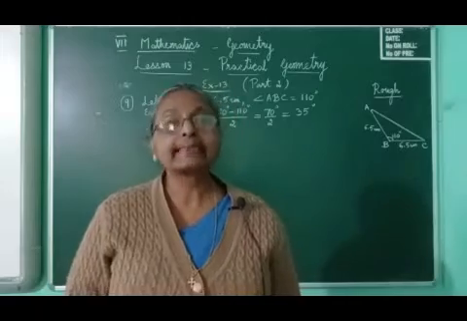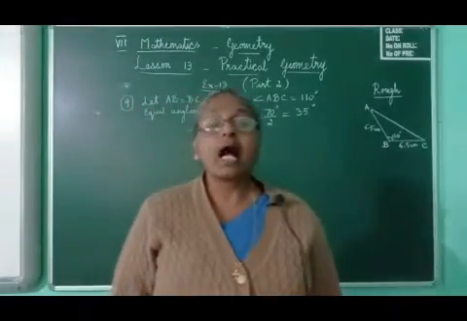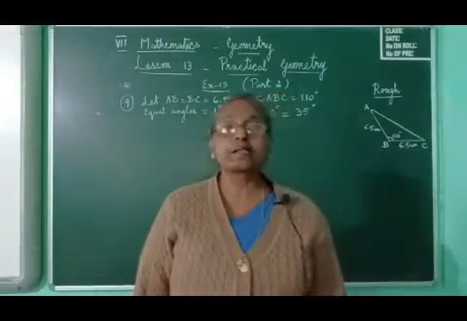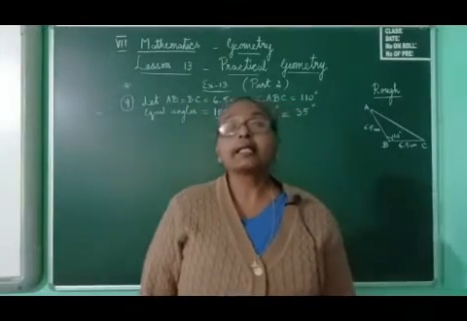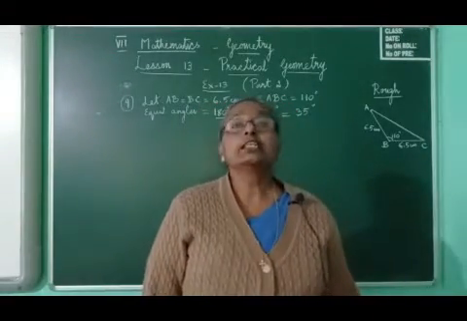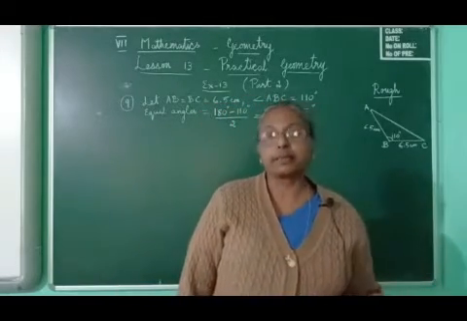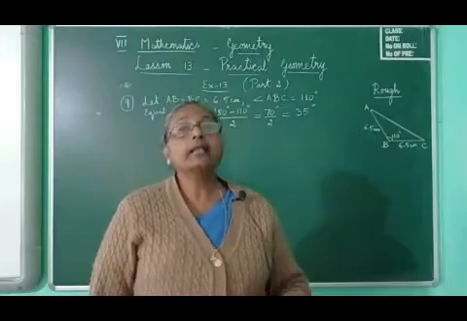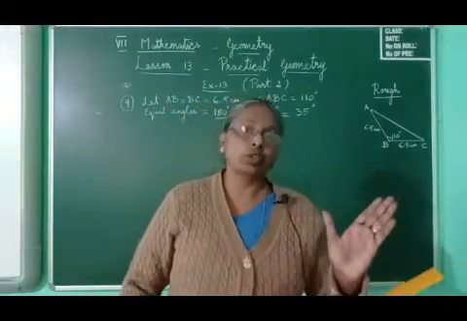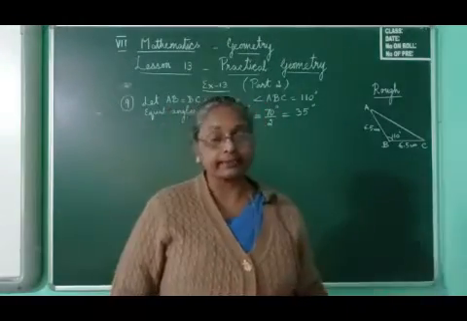Measure the base angles. We are asked to draw an isosceles triangle, and in this triangle the two equal sides are given to be 6.5 centimeters each, and the angle between them is also given, which is 110 degrees.